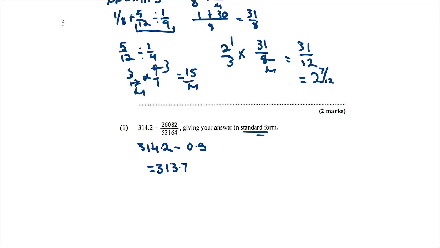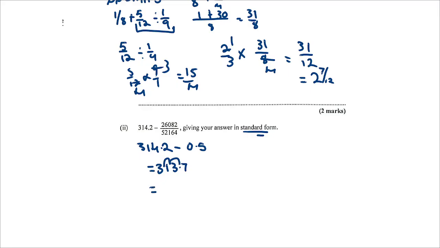Now, standard form is where you have one digit in front of your decimal. You're multiplying by 10. And then your power depends on how many places you shift your decimal point. Right? And whether it's positive or negative depends on if you shift it to the left or to the right. So if I have to change this to standard form, I shift my decimal point 2 places.